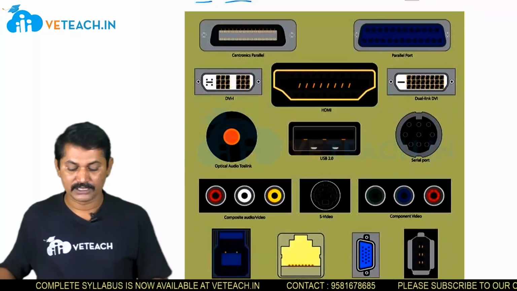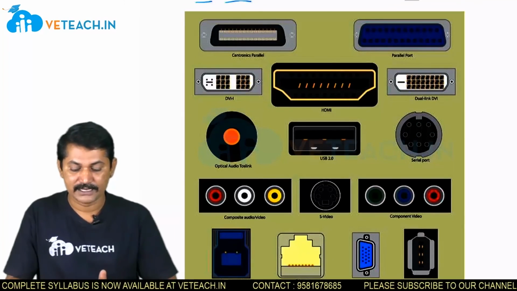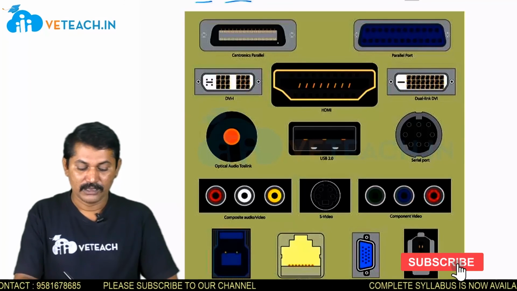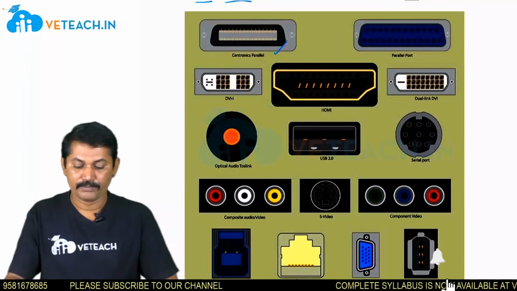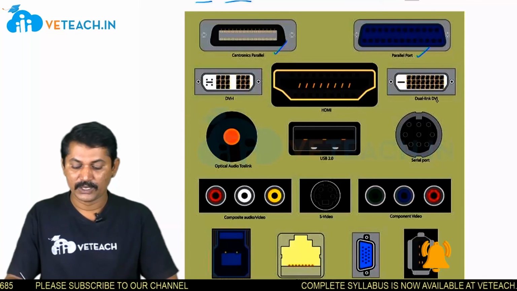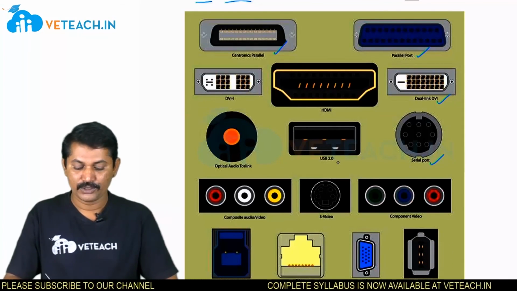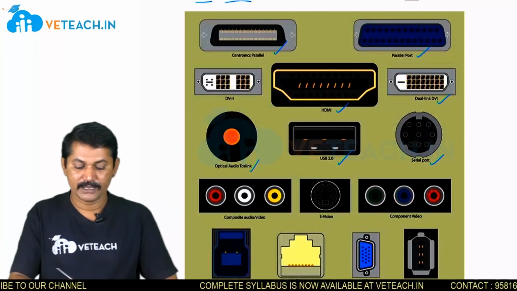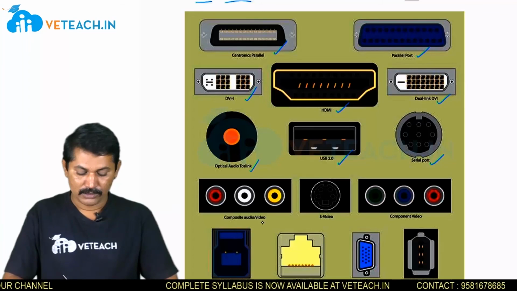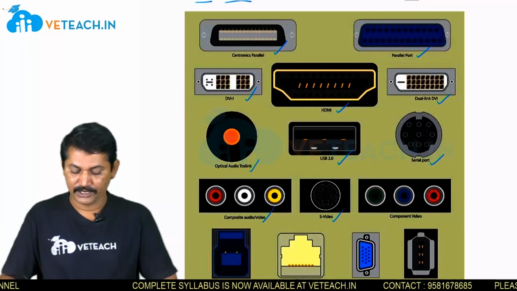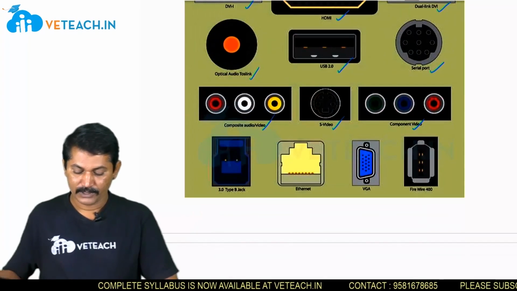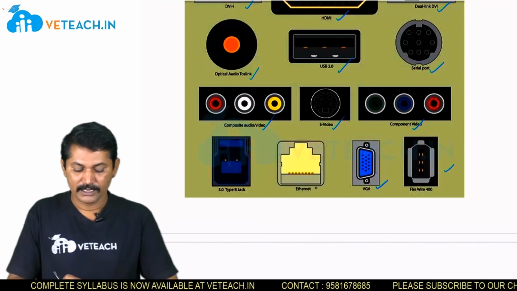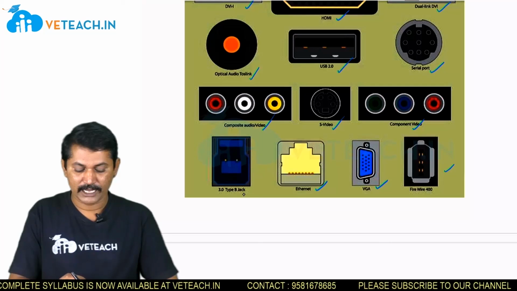Here on screen in the picture, you can see different kinds of ports, either internal or external. See this one: Centronics parallel port, dual link DVI, serial port, USB, optical audio, Toslink, HDMI, and these are the audio, S-video, component video, and FireWire, VGA, that means graphic cable, Ethernet, and USB 3.0 type B jack.